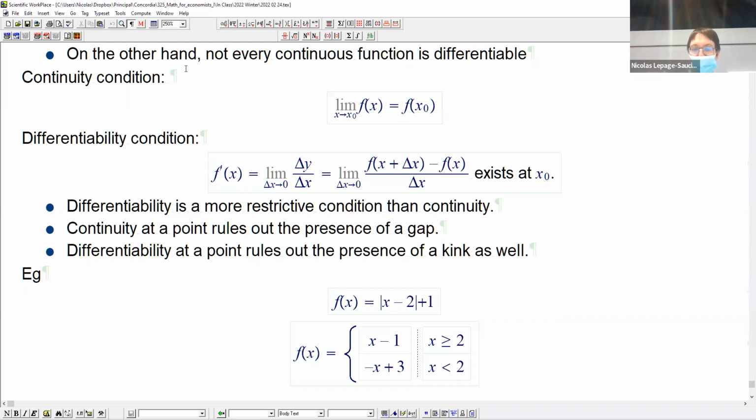Maybe I went a bit fast there. So what's going on? Well, either x minus 2 is greater than 0 or smaller than 0. If it's greater than 0, then the absolute value doesn't change anything, and I have x minus 2 plus 1, so x minus 1. That requires x to be greater or equal to 2.